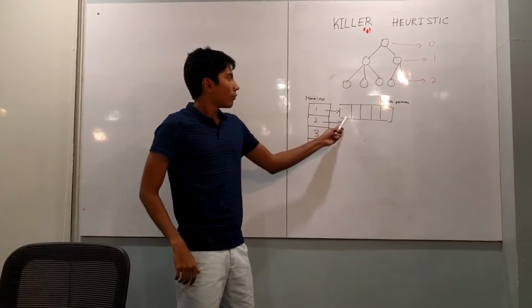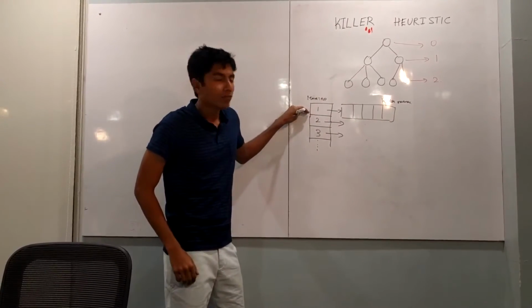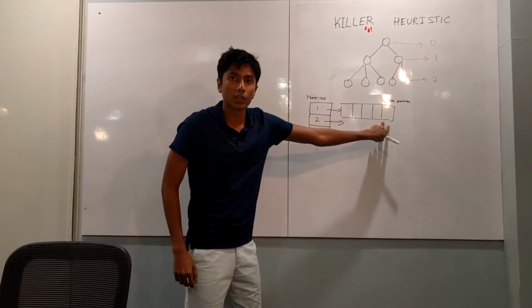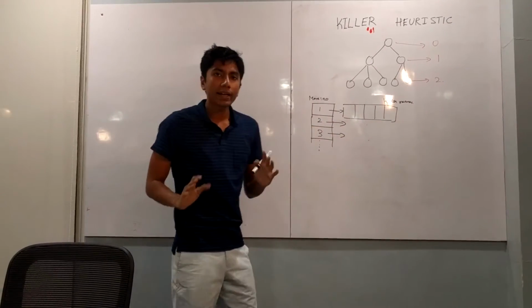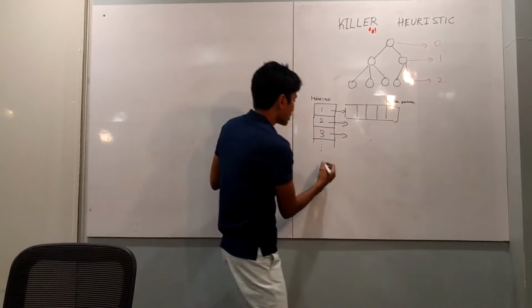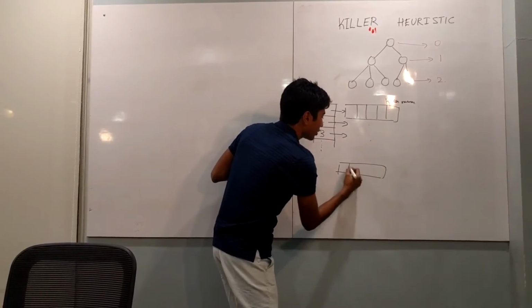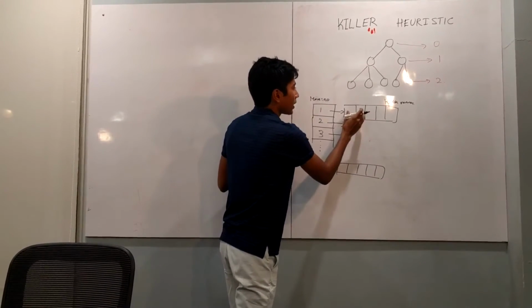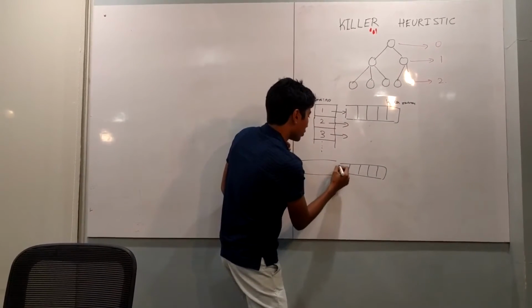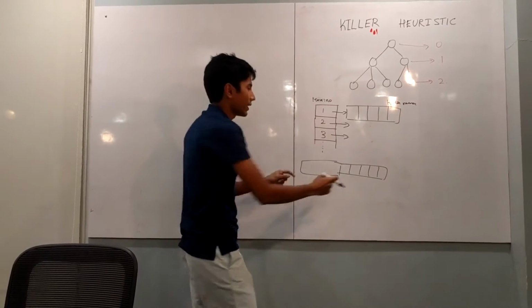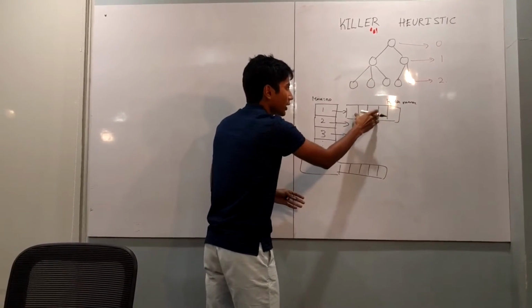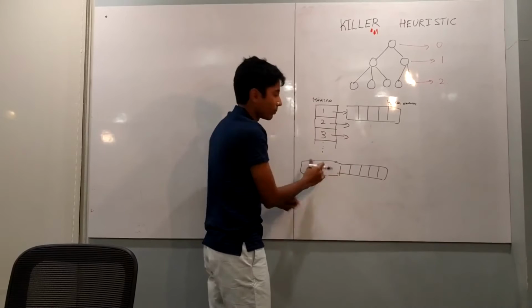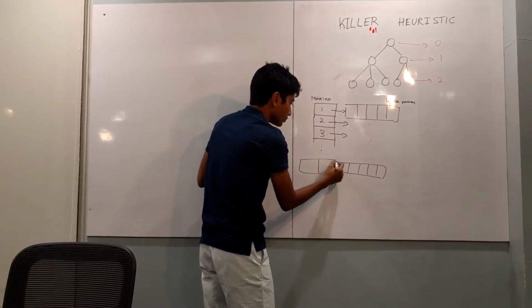Now, whenever you play move 1, you're going to go through this list first. Remember that in alpha-beta, we have a list of possible moves and we try to sort it according to the heuristic strengths. What you're going to do is take the killer moves first, append them over here, or you can basically take a set and merge these two sets, but just make sure that these killer moves are at the top of what you're searching for.